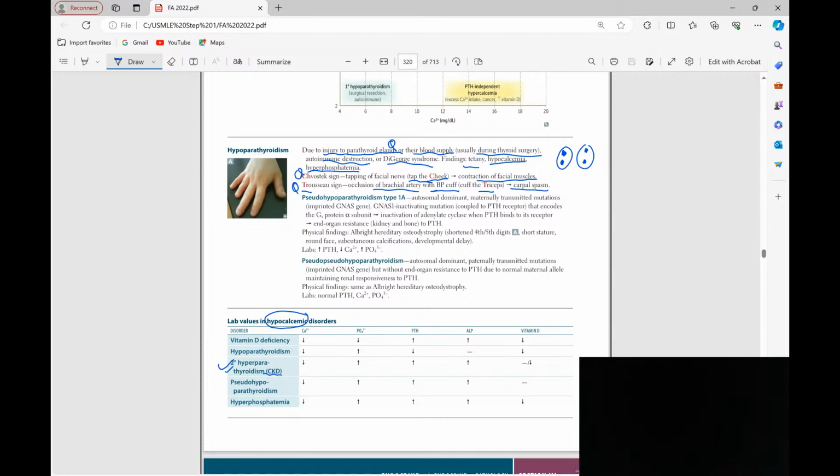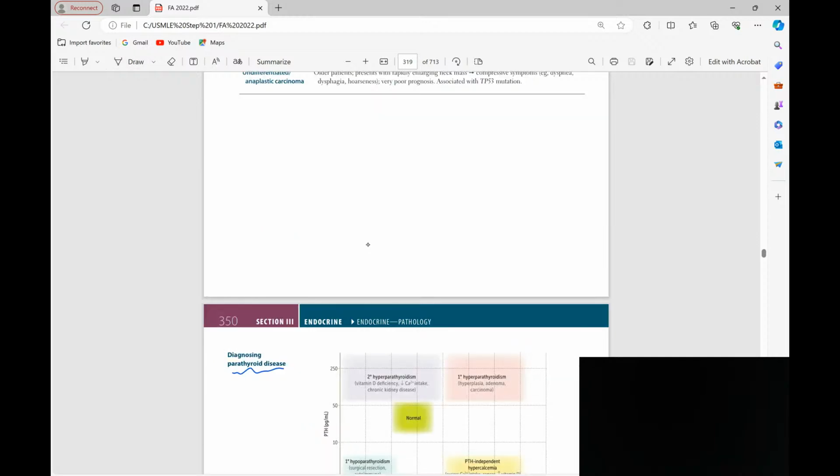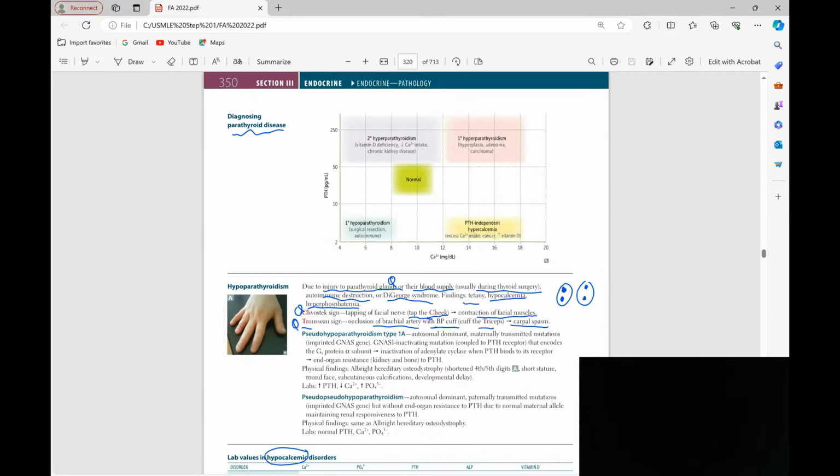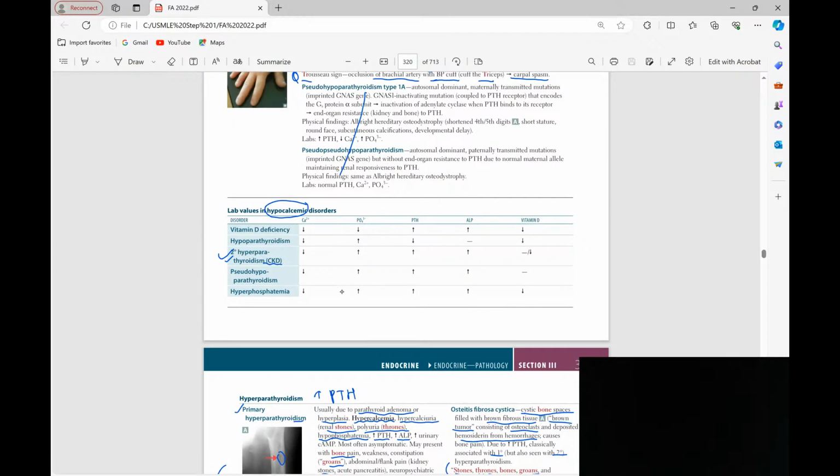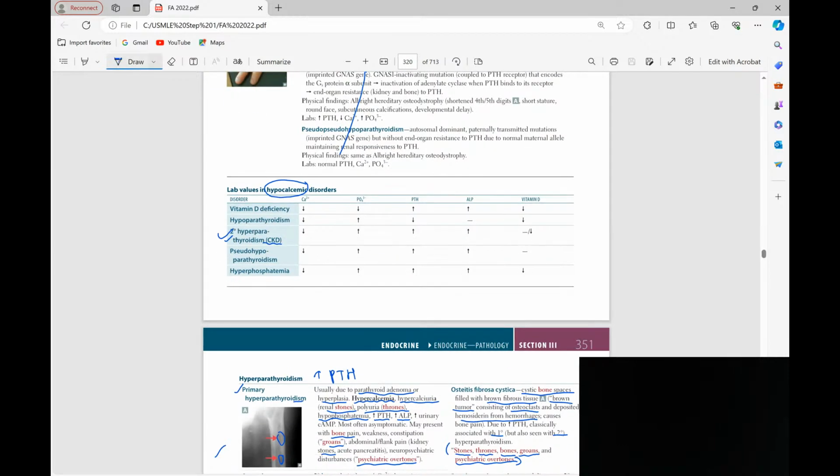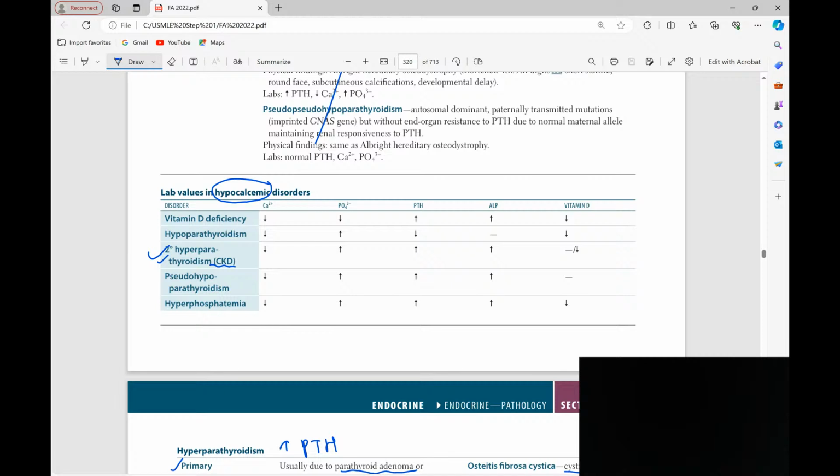So what are the conditions? We have already seen that vitamin D also has a major role in maintaining the homeostasis of calcium. So when there is vitamin D deficiency, calcium deficiency occurs.